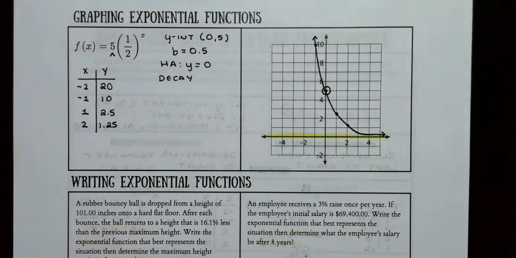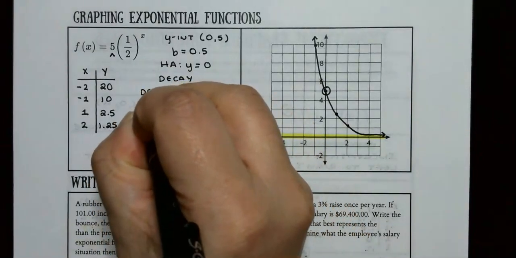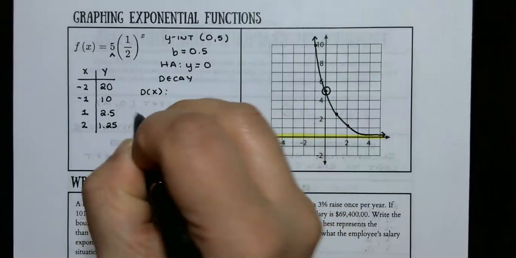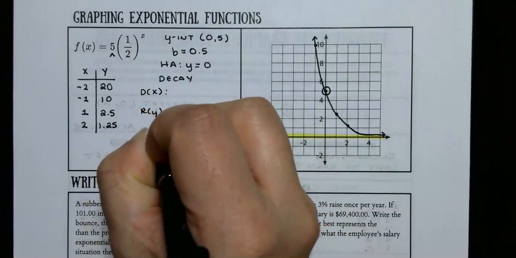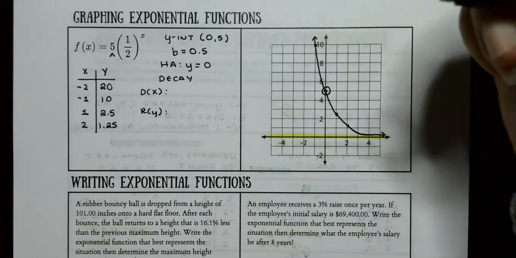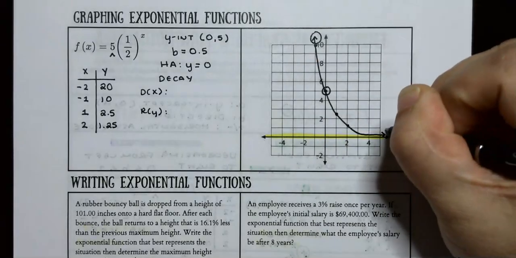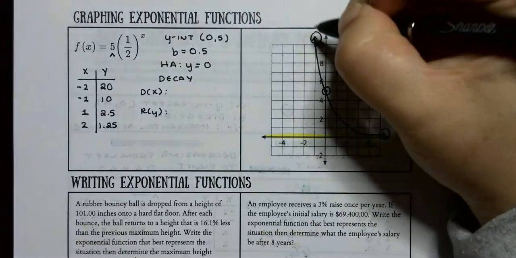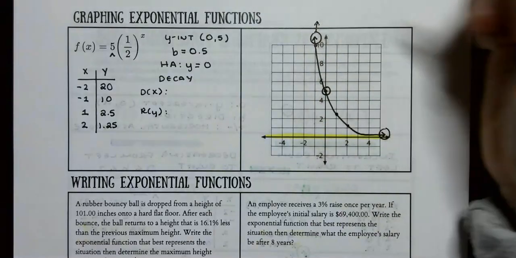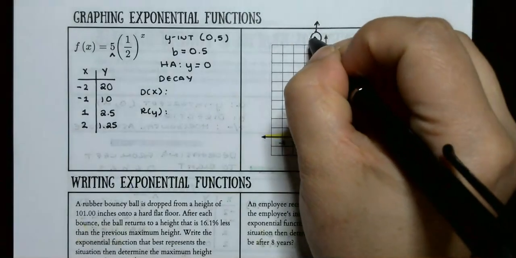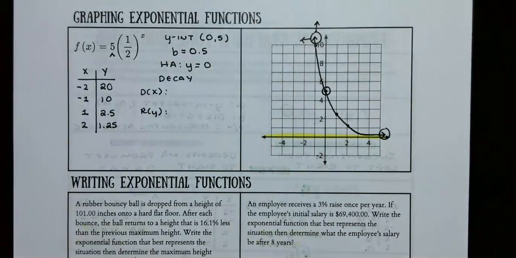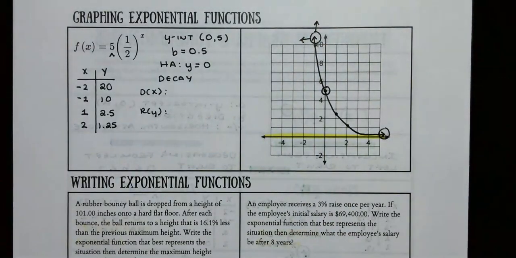All right, so from here, all we have to do is identify the domain and the range. So I'm going to put D for domain and then R for the range. I'm going to remind you that the domain are the x values. So I'm going to circle my arrows. This arrow goes up, but it's also going to the left, so to -infinity.